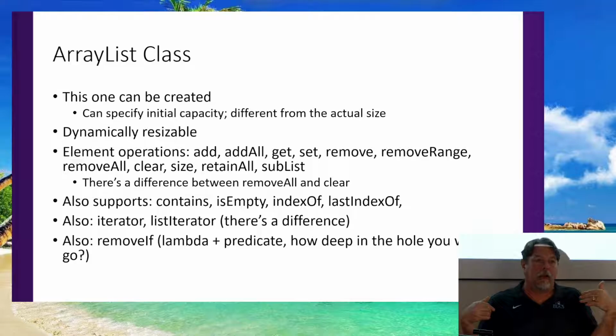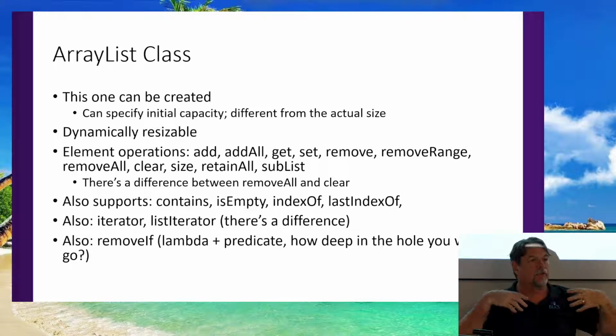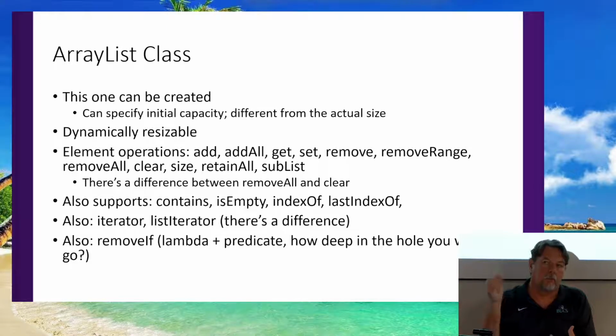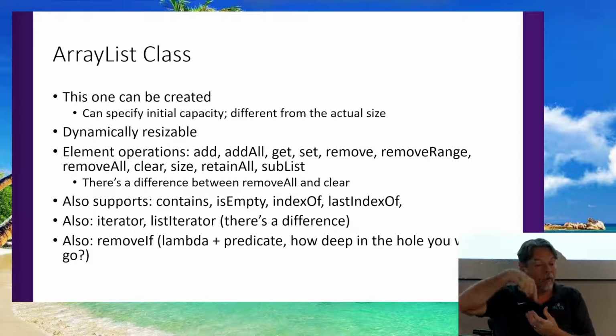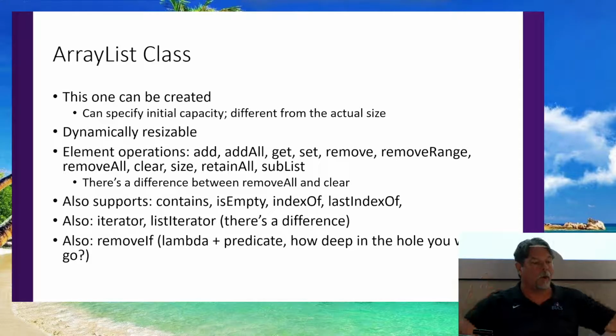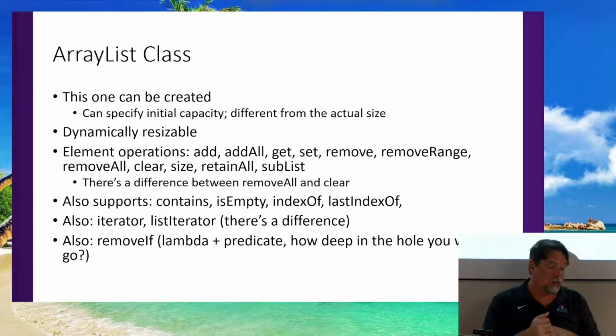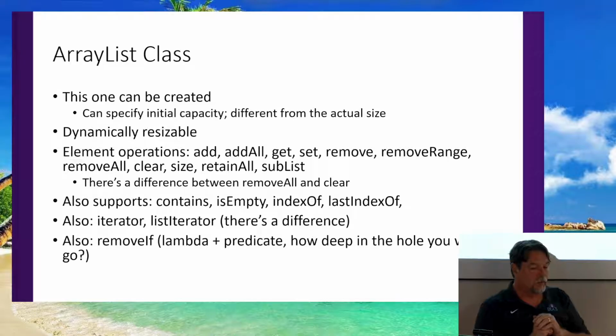If I had to describe generically how to support iterating the elements of a group of stuff, could I define an interface that says how that's supposed to work so that the people building the array list class and the linked list class and the hash map class and all these other classes can implement that interface and adhere to the contract and give all the programmers out there a common way to write their code to iterate over those objects. And so that's what they did with these iterator class interfaces.